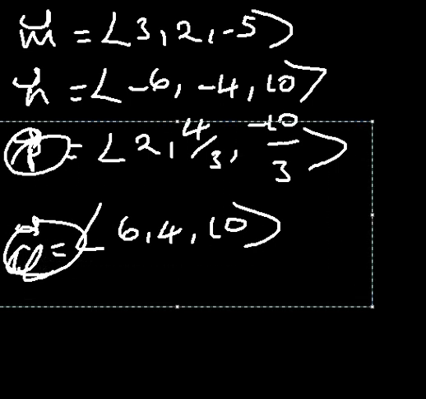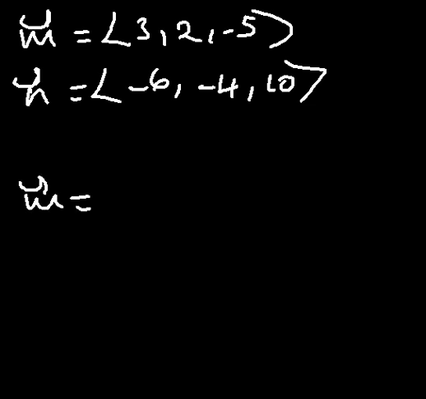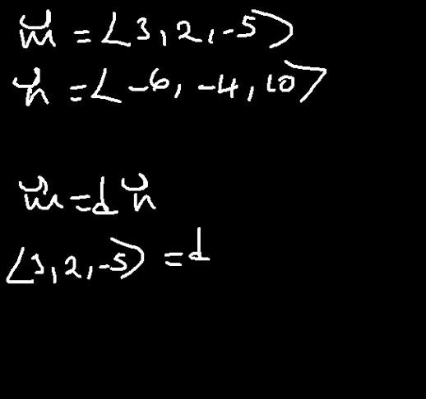But for the meantime, let me omit this. Now a vector m has to be equal to a scalar d times the vector n. So 3, 2, negative 5 is equal to d times n, which gives 6d, negative 4d, and 10d.